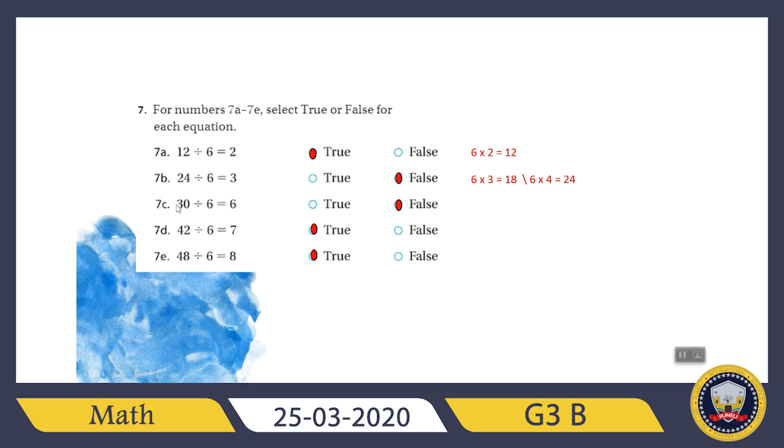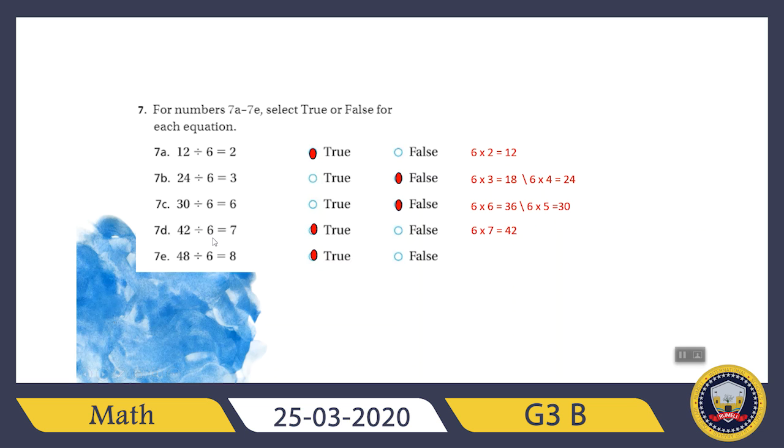7c. 30 divided by 6 is equal to 6. Is it true? Of course not. Why? Because 6 times 6 equals 36, and 6 times 5 equals 30. Next one. 42 divided by 6 is 7.